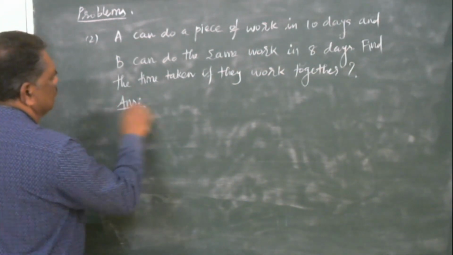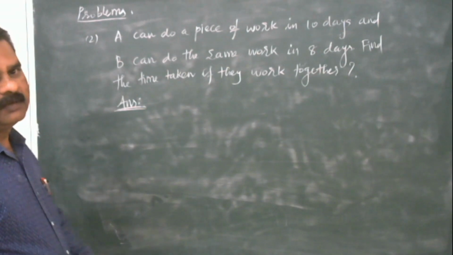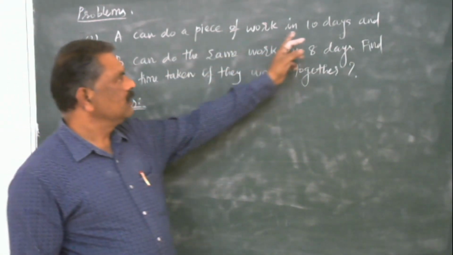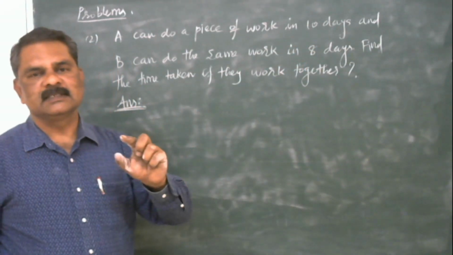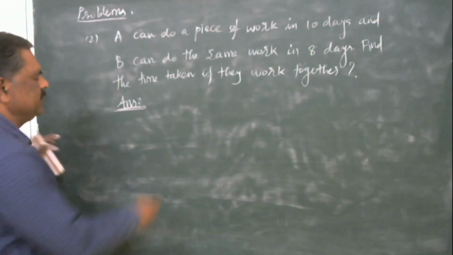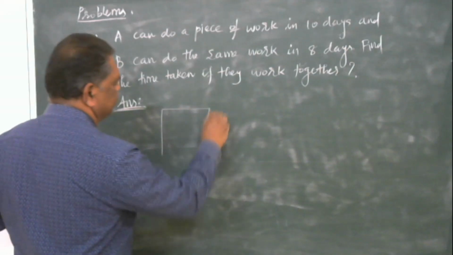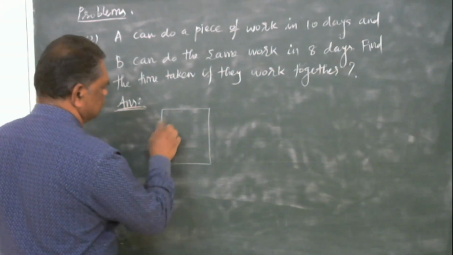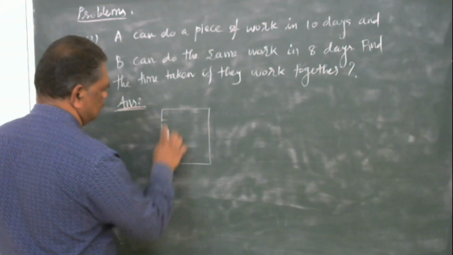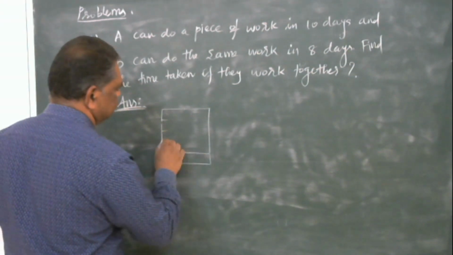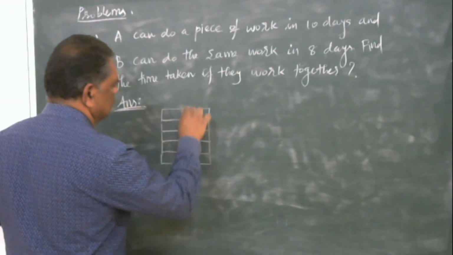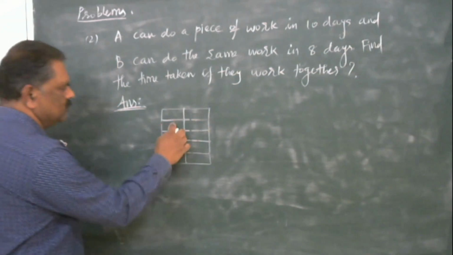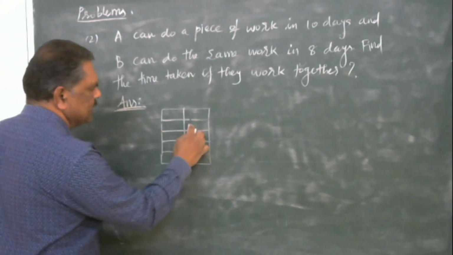So how do you approach this problem? Fraction is the key here. The person A can do it in 10 days. Then one day will be, see here, 10 days. Let me divide into parts. Each one is considered a day. So 1, 2, 3, 4, 5, 6, 7, 8, 9, 10 days.